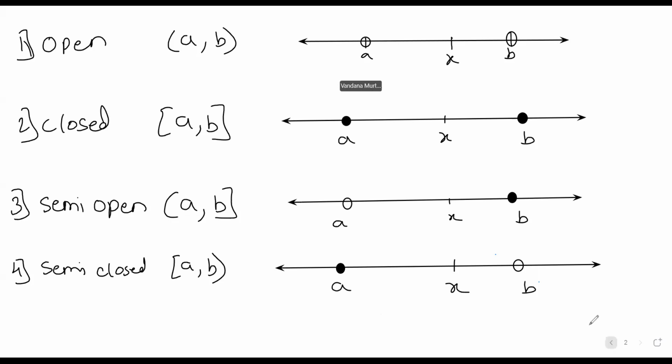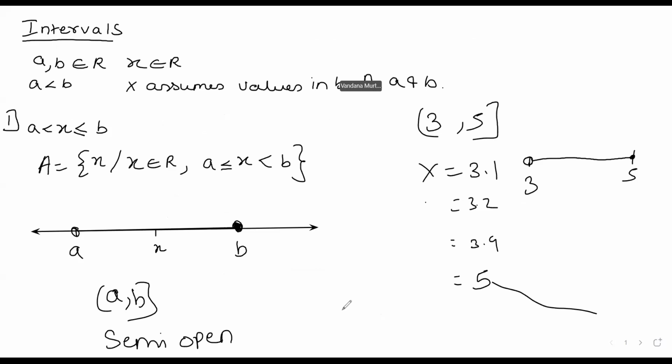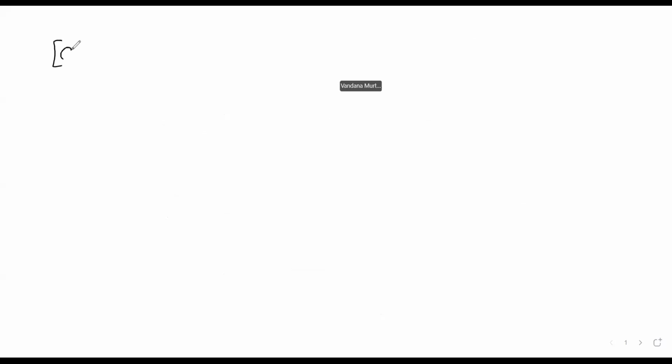तो अगर कभी कभी उन्होंने आपको कुछ ऐसे दे दिया कि X is A and infinity, so it is obviously X is in between A, X is assuming A, but see, infinity is never assumed.